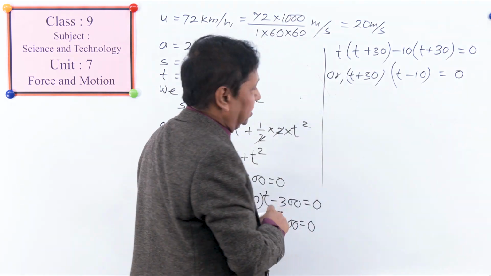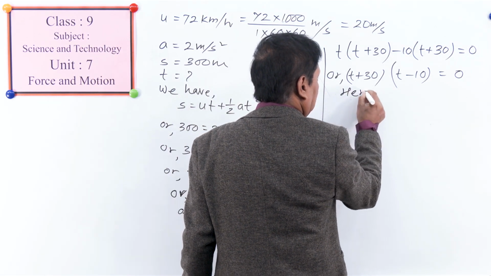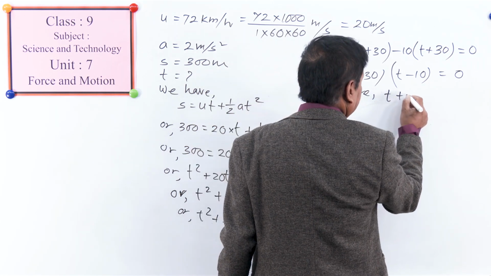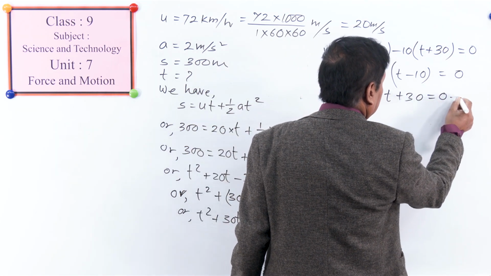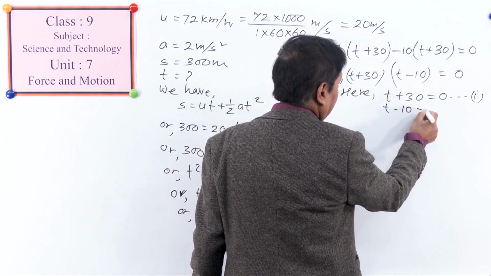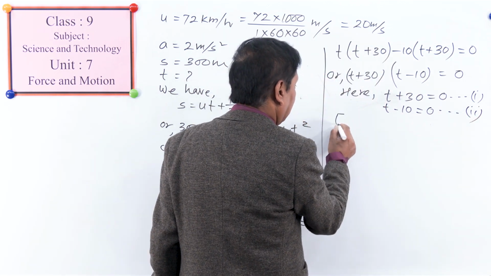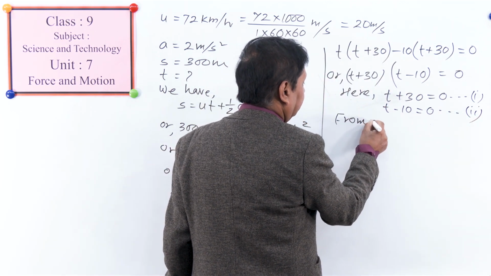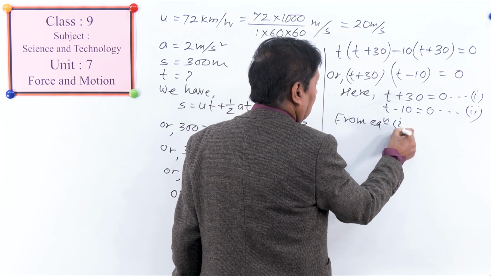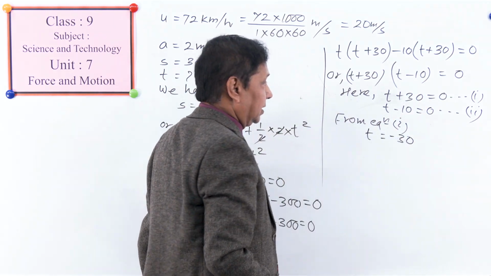Now we have two equations. One is t plus 30 equal to 0, this is equation number 1, and t minus 10 equal to 0, this is equation number 2. From equation 1, t is equal to minus 30.